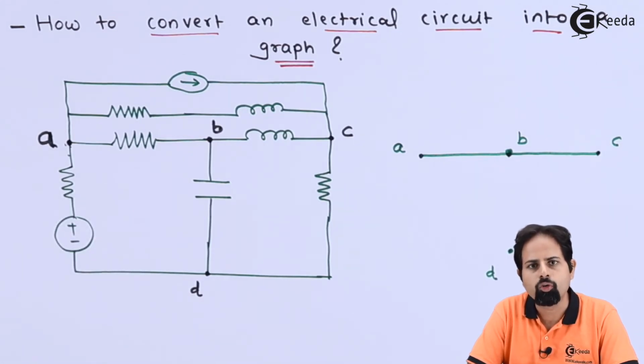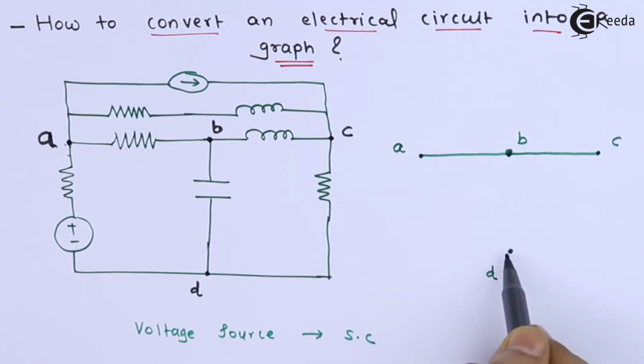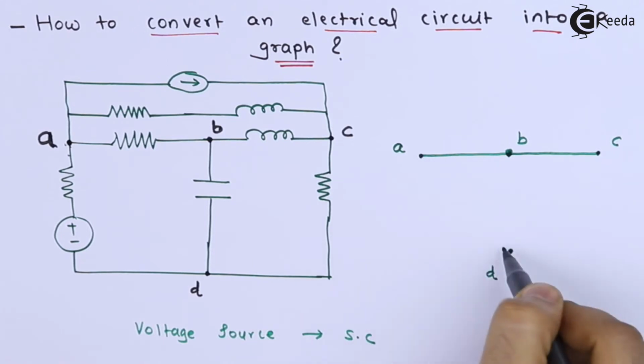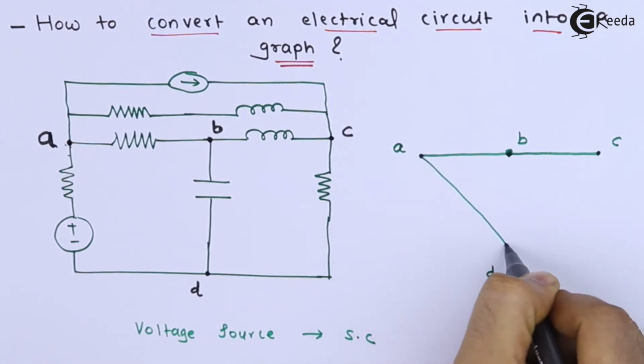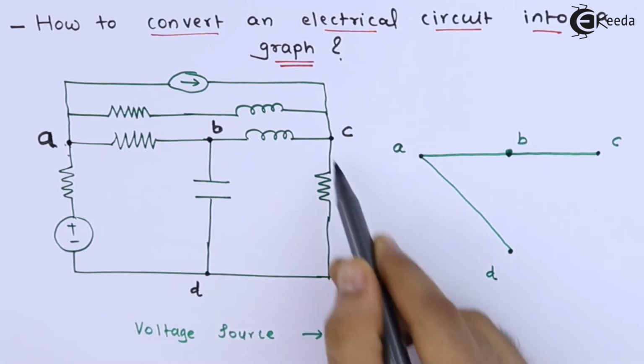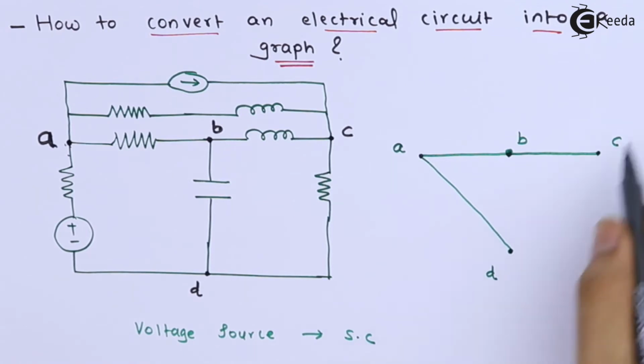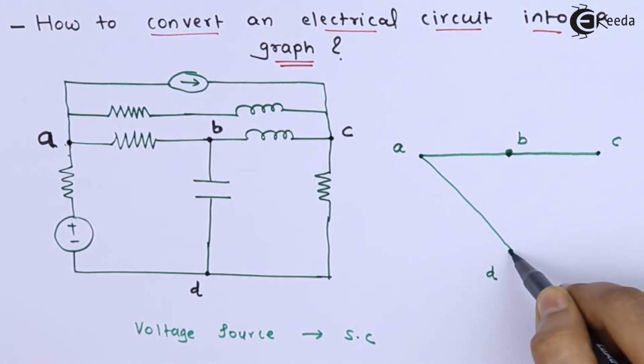Now the rule is that voltage sources are short circuited. So between D and A we'll just connect one line like this. Similarly, between D and C you can see there is only one resistance, so directly we can connect it from D to C.